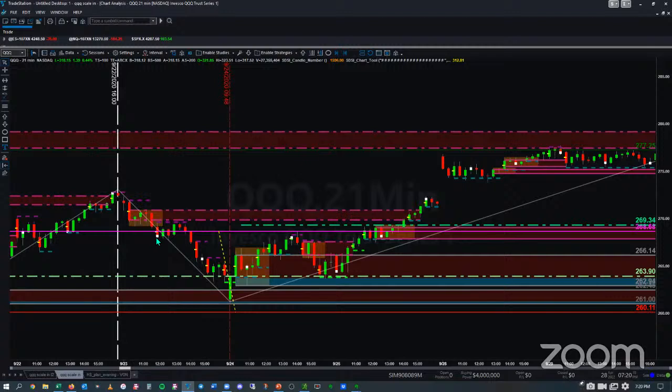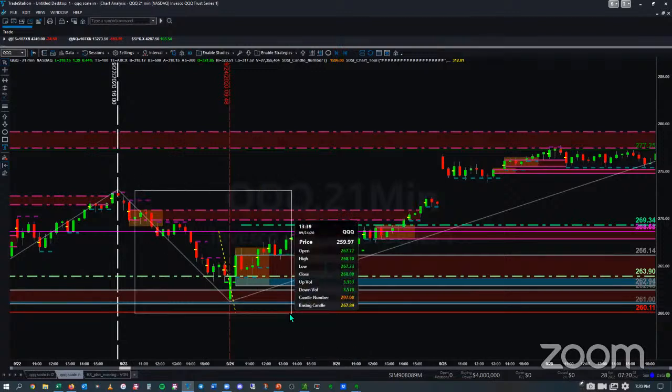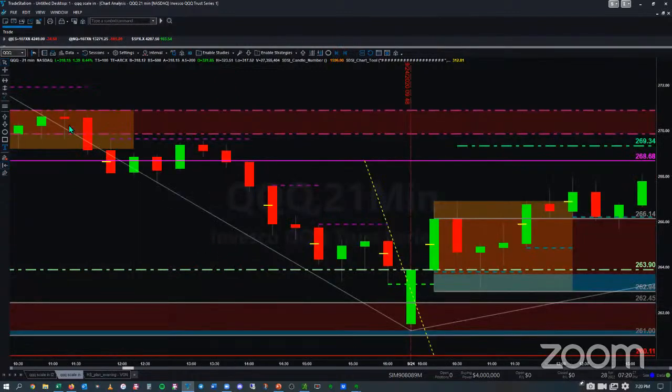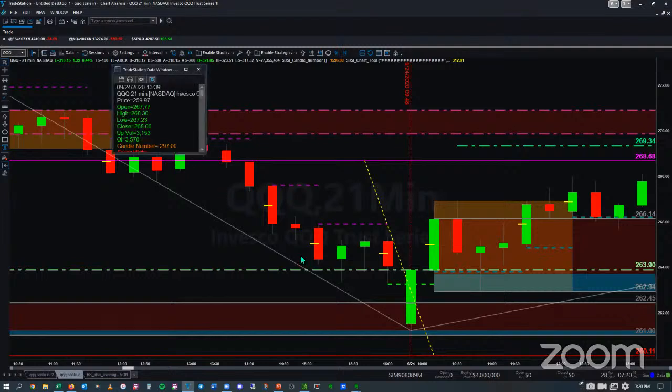So let's get back here. And you can see right here, we had our first, let me blow this up a little bit. So price came in, we had our first green candle here. We would have gotten in at the open of this next candle, and price did come down, all the way down here to 261.22.